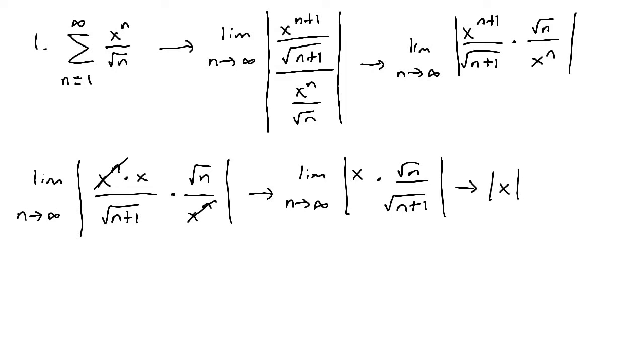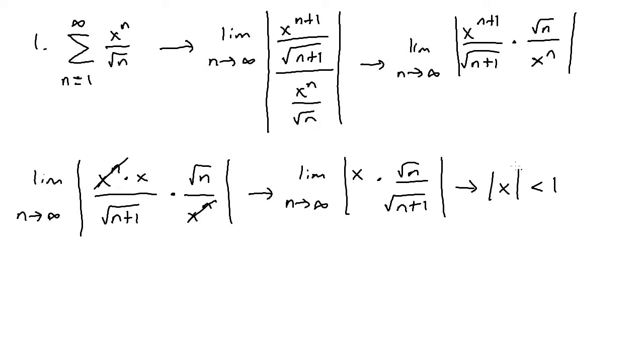And remember, in order to find the interval and radius of convergence, we must set it less than 1. So the absolute value of x has to be less than 1, because we know by using the ratio test, if the limit is less than 1, it will converge. So we have to find for what values of x the limit is less than 1, or in this case the absolute value of x.